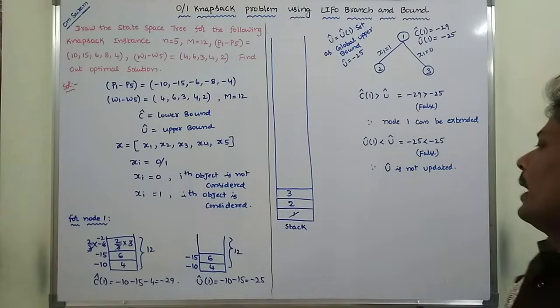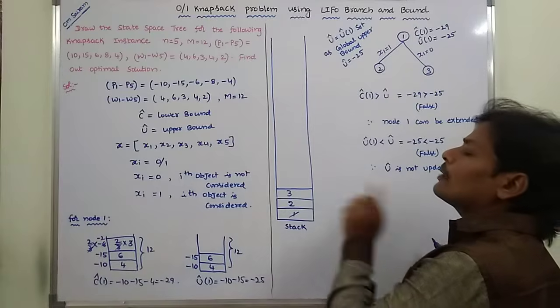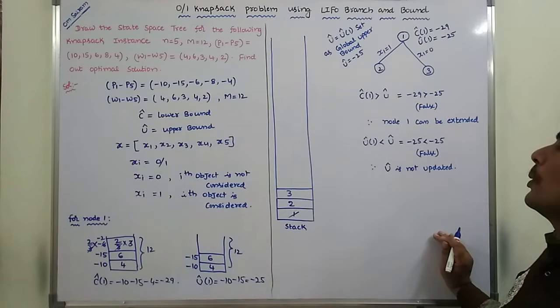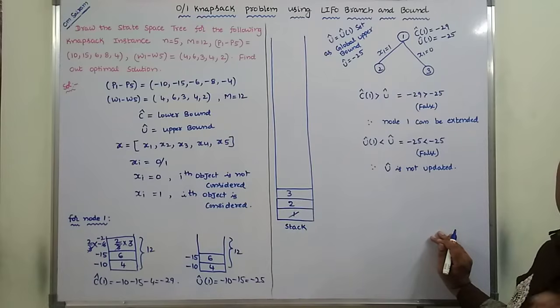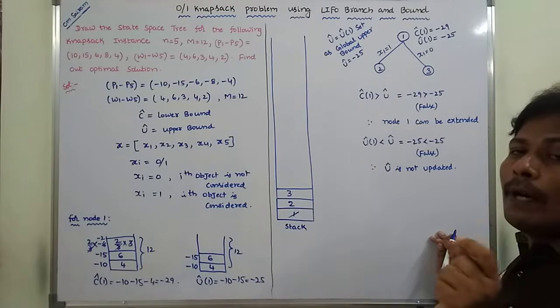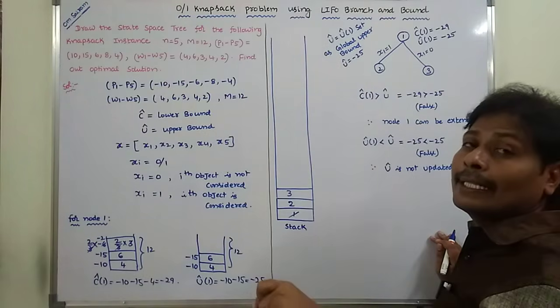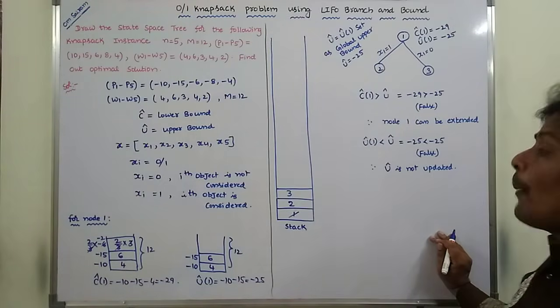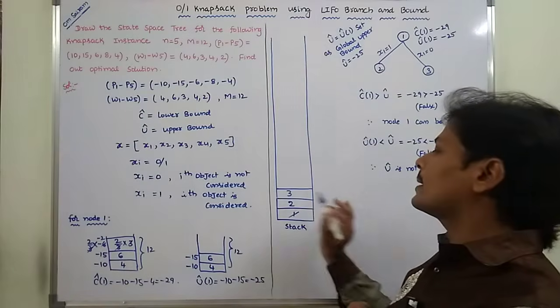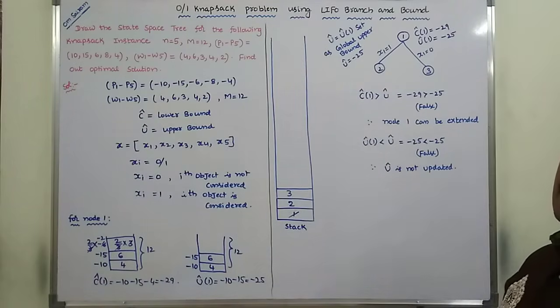Among them, we have to consider which node first. In the stack, the last in first out principle is followed. Whichever element is inserted last, that node is popped out first. So which node do we have to consider? Node 3 is considered.